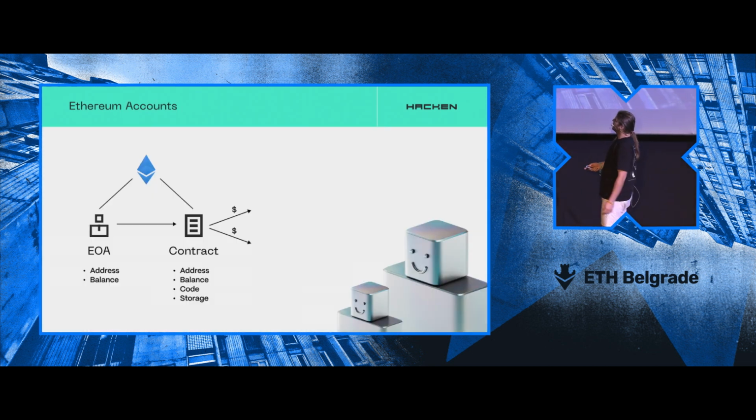I will usually introduce you to the structure of accounts in Ethereum because it's important to understand that everything happens through transactions. There are end user accounts, which are defined by a private-public key pair, which have an address that's derived from the public key and a balance, as well as smart contracts, which have deterministically found addresses, a balance, but also code, usually bytecode or specifically runtime bytecode, and storage.